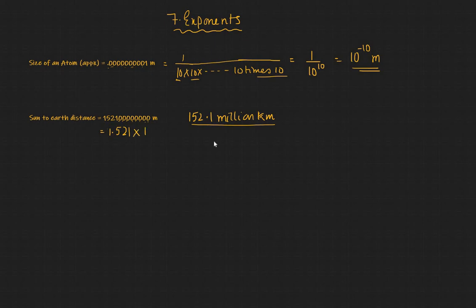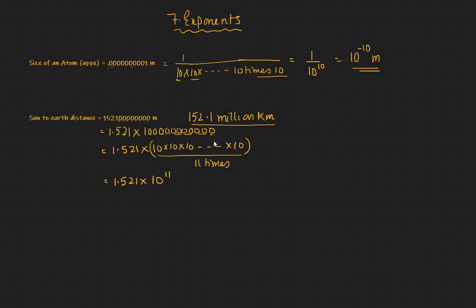I can write 1.521 into 10 into 10 into 10, 11 times. So this is 11 times. Or in other words, I can say this is 1.521 into 10 power 11, right?